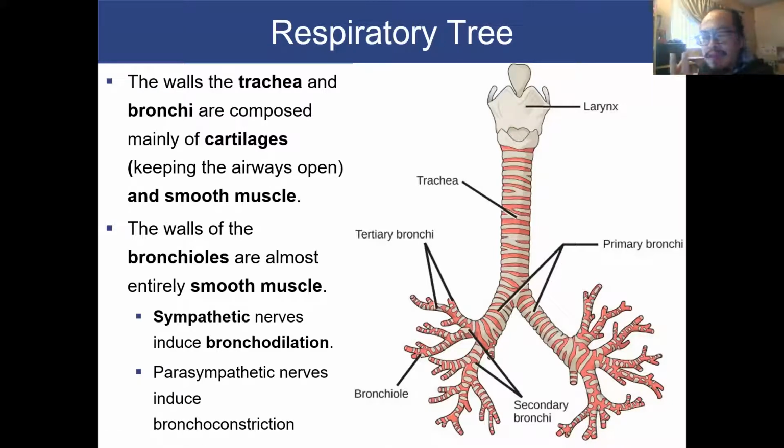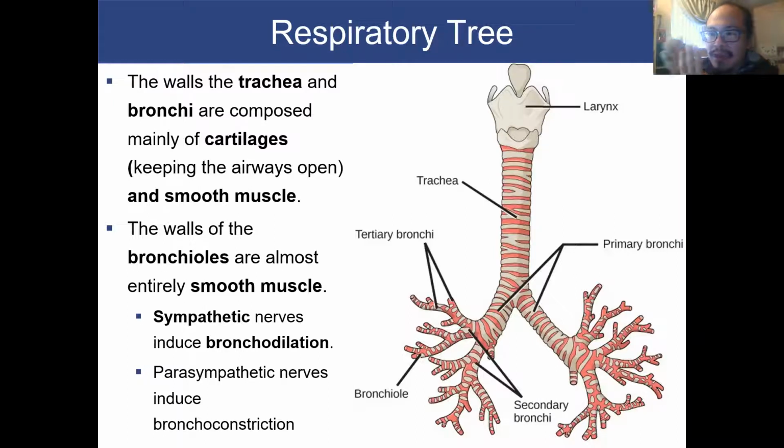These smooth muscles are not controlled by our intention, right? We have three types of muscle. Skeletal muscle is controlled by our intention. The other two are the smooth muscle and the cardiac muscle. Cardiac muscle and smooth muscle are not controlled by our intention.